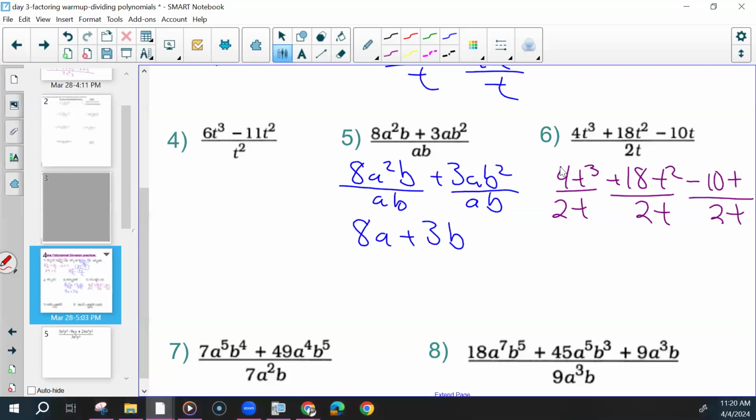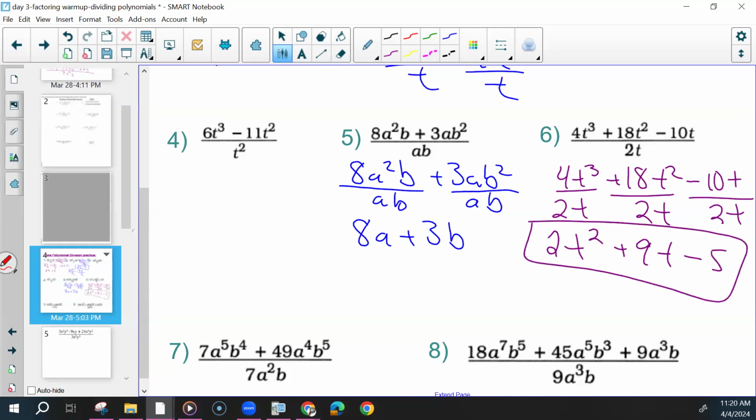And what would we get? 2t, you said that really fast. Squared plus. Questions on that one?